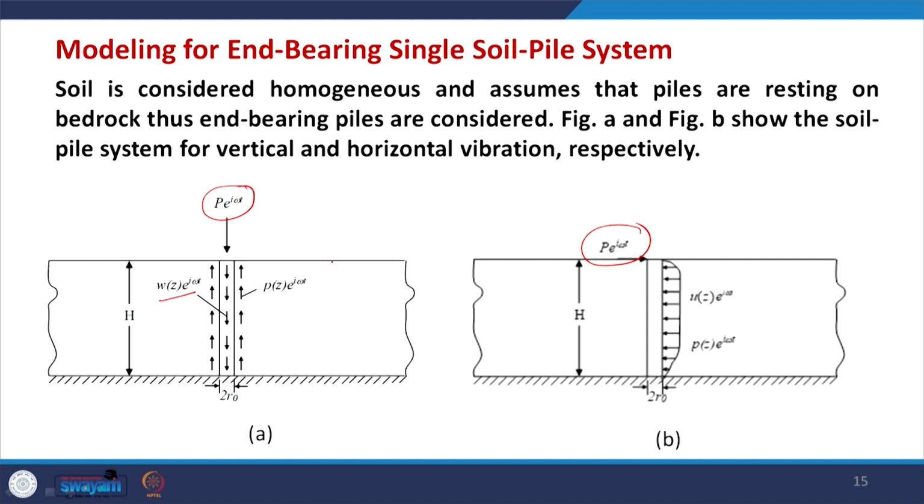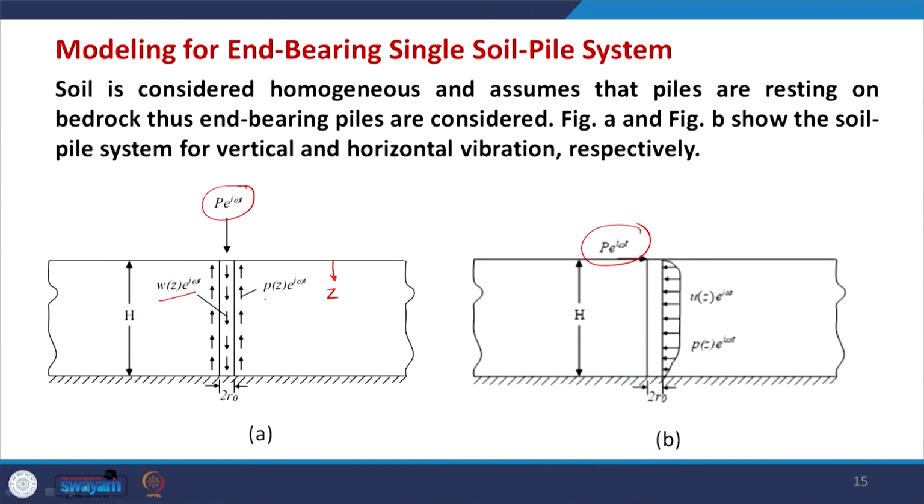So, as you apply the load, the displacement in the vertical direction varies with the depth as well as with time, because your load is also varying with time. And this load is resisted by what is called the soil reaction, which is acting in the upward direction, shown here as p(z) e^(i omega t). This was the case when dealing with the vertical vibration.